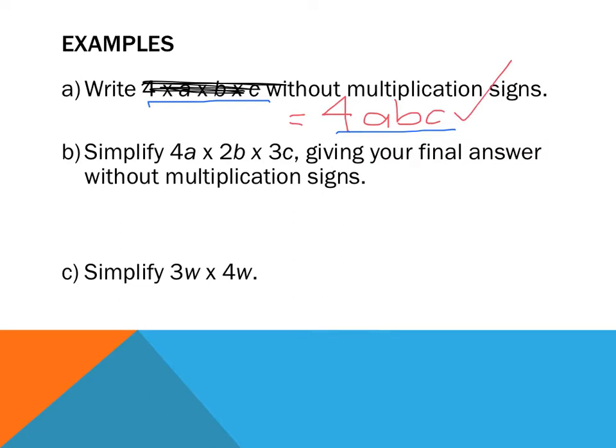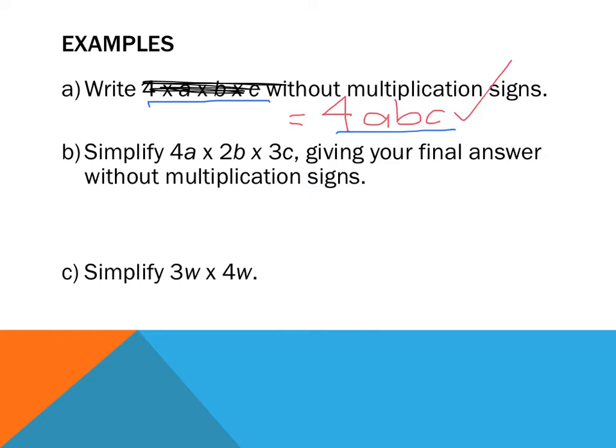So this time it says simplify 4a times 2b times 3c. Give your final answer without multiplication signs. Let me show you what this actually looks like. I'm going to use this space down here for both of my questions, and rub out each question as I go.